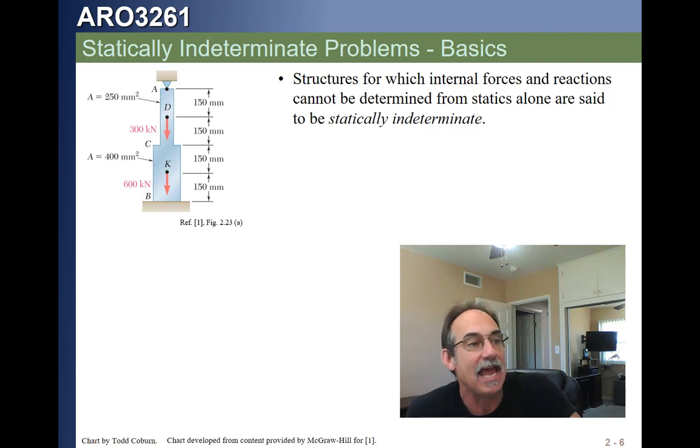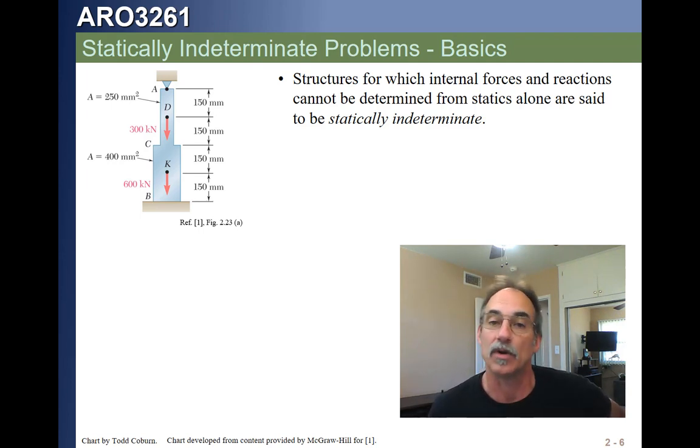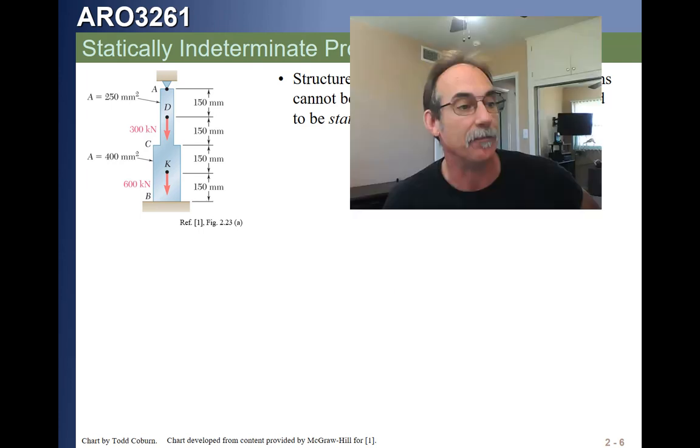From C to K, we have the same force as from D to C, but a different area, so we need another term. And then from K to B, we have the same area, but a different force. We need another term.